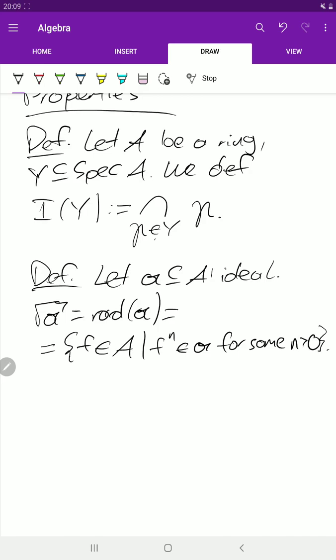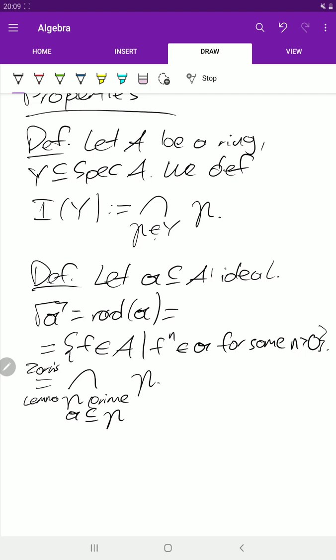Okay, so that's that definition. Also note that this is the intersection of the prime ideals P such that A is a subset of P. You can prove this using Zorn's lemma, but we won't prove it here, but we'll use it later.